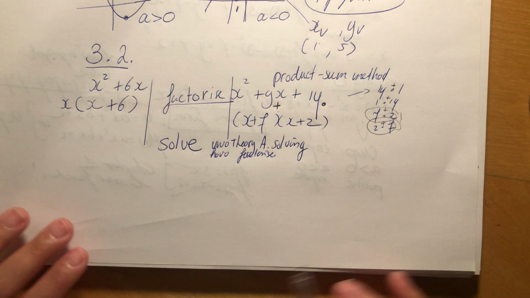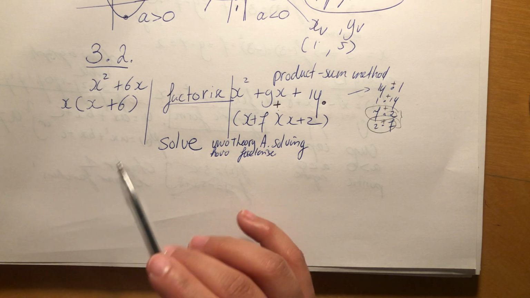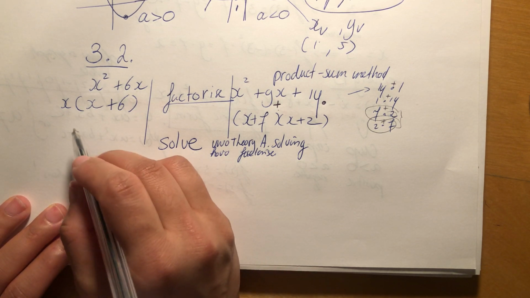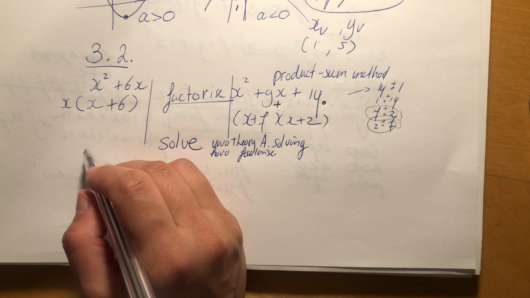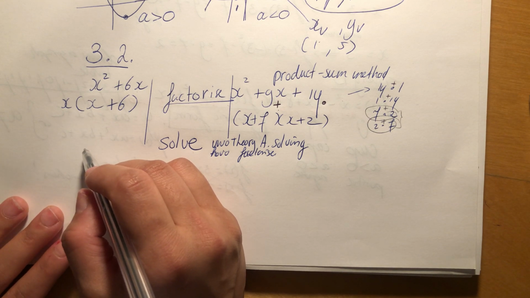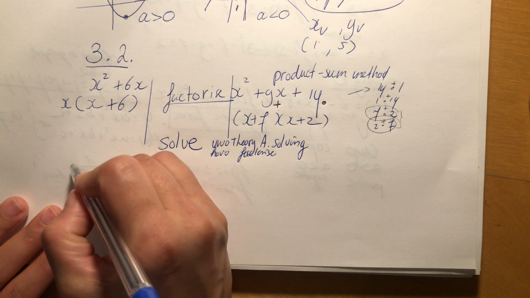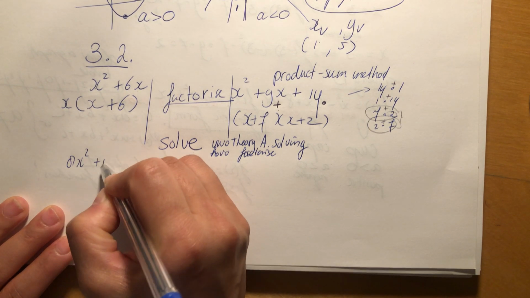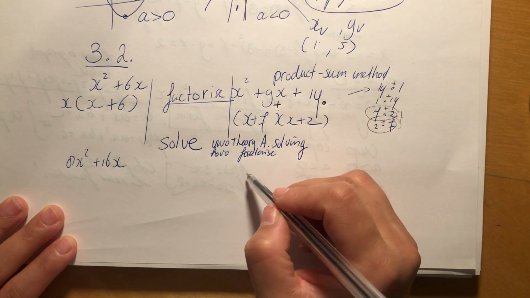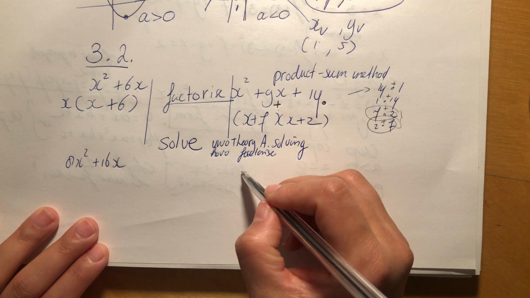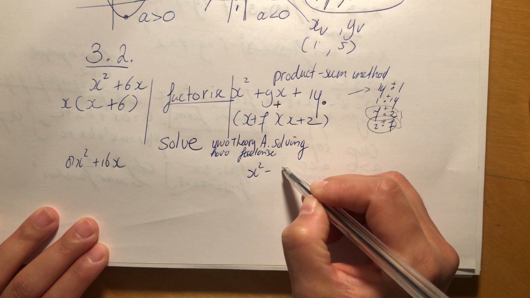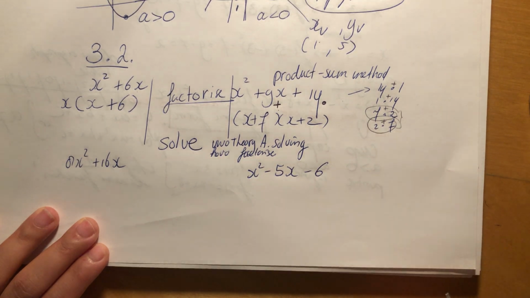But let's have a look. So when you need to solve now, let's just take another one. Let's work with another example. Let's look at 8x squared plus 16x. And for the product sum method, let's do something difficult. Let's work with x squared minus 5x minus 6.